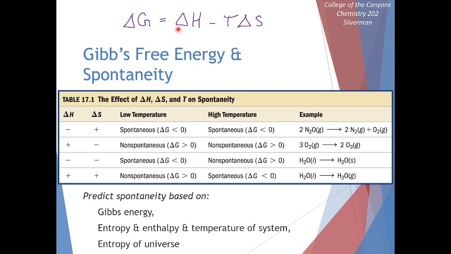If we know the temperature and these two thermodynamic properties, then we can figure out our delta G and if our reaction is spontaneous. Alternatively, we can also figure out the temperature at which our reaction might become spontaneous. If we know delta H and we know delta S, we can find the temperature where our Gibbs free energy changes from negative to positive, or vice versa.